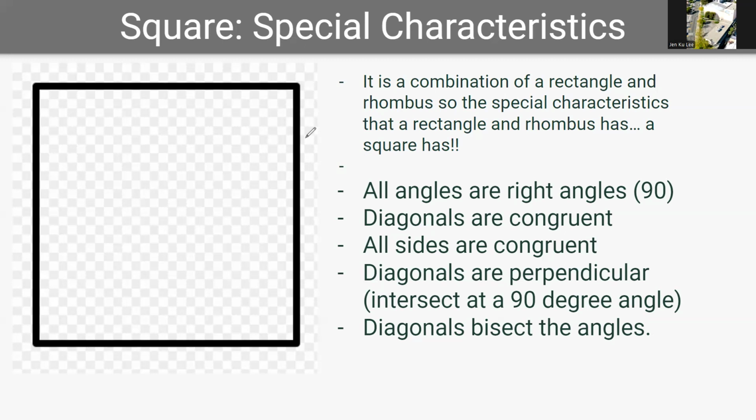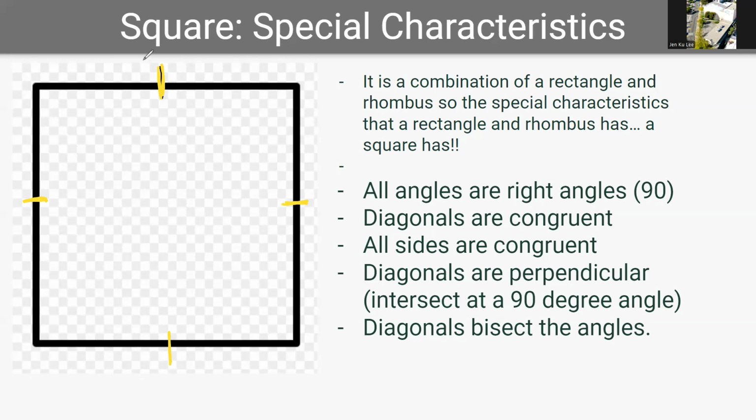Okay? Because you know a square is a square because all sides are congruent, right? You know that this side is congruent to this side, and this side is congruent. So they're all congruent to each other, right? That's what a square is.